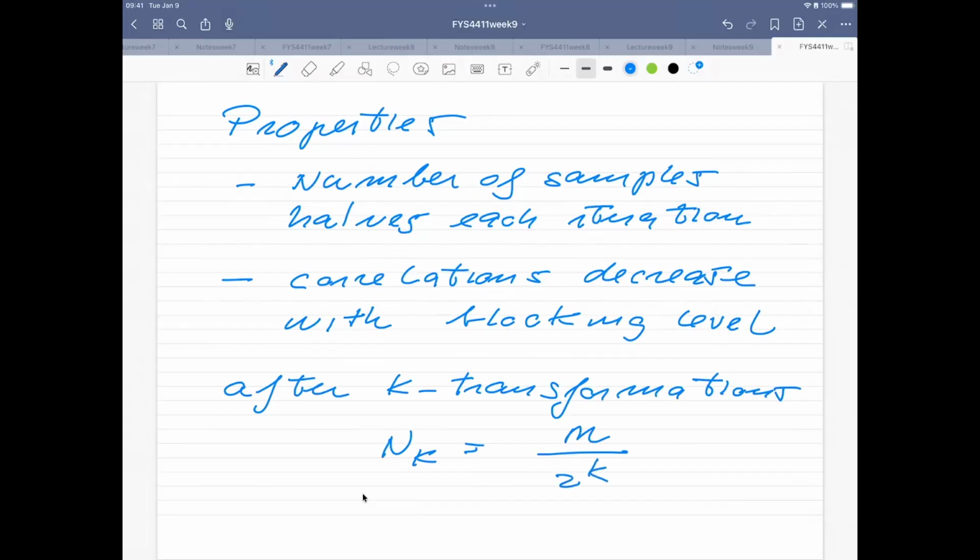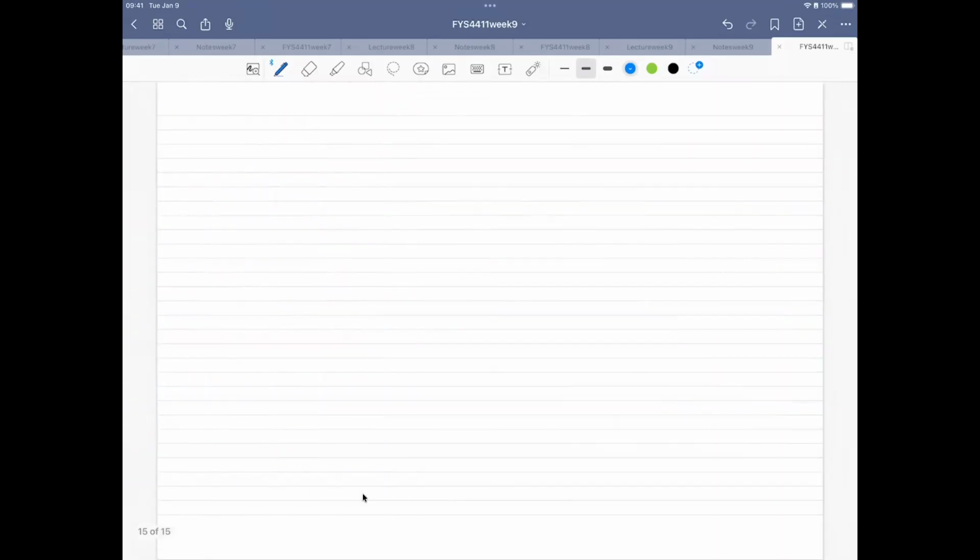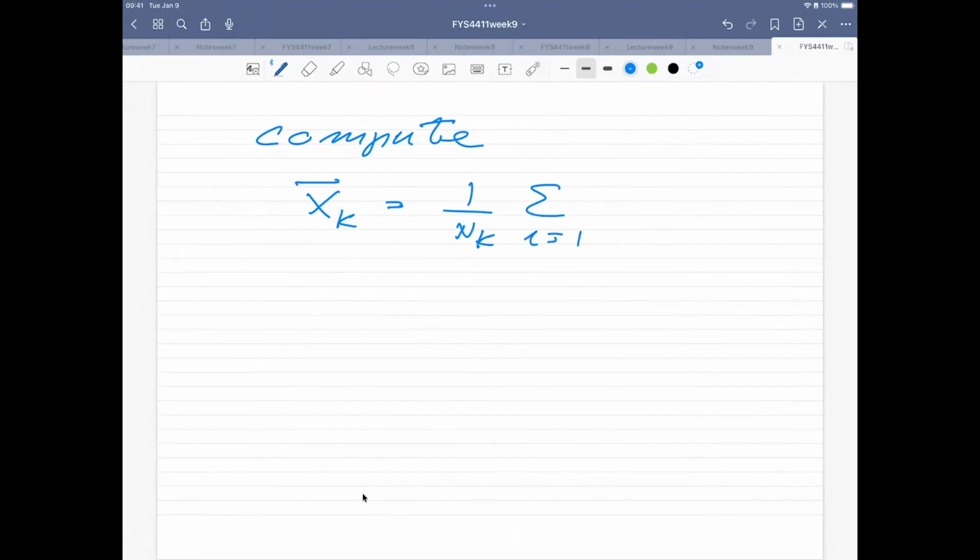And what you will see is that for each of these cases, you would compute, and let's do this before we take a break, let's just set up the basic ingredients. You would compute the mean value for a specific block, which is given by 1 divided by n_k, and this goes over i equal 1 up to n_k of x_i of block k.